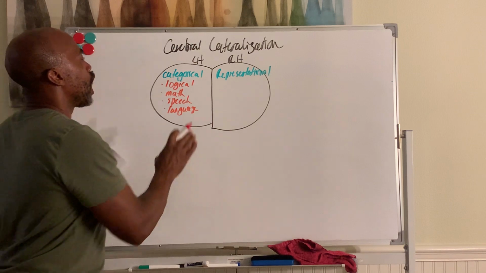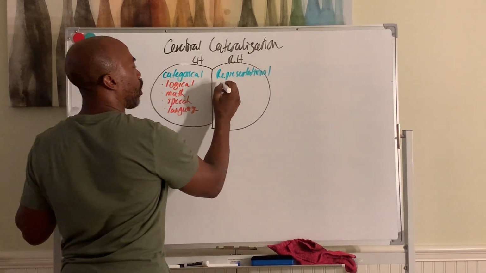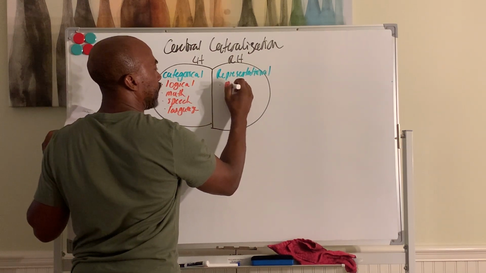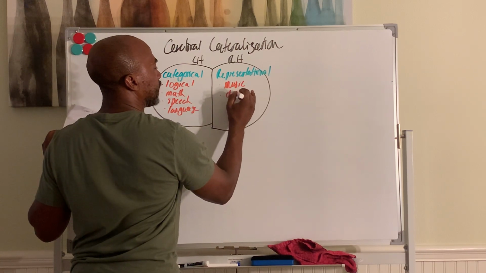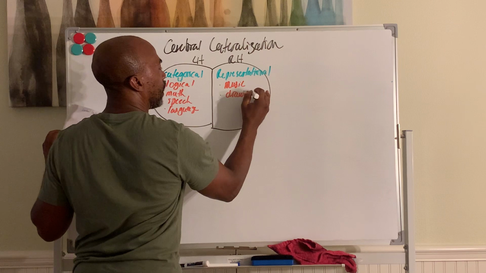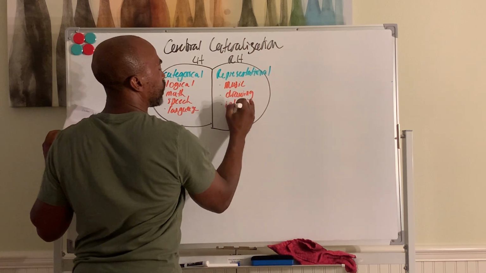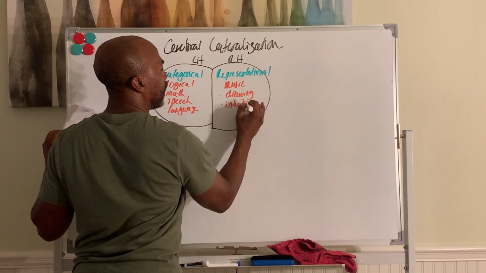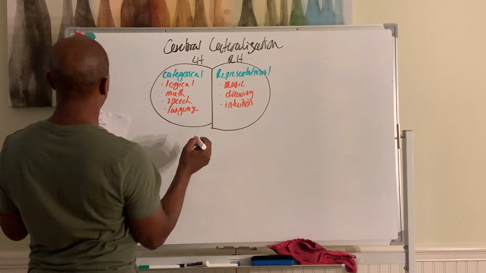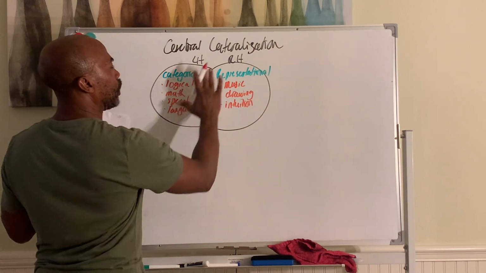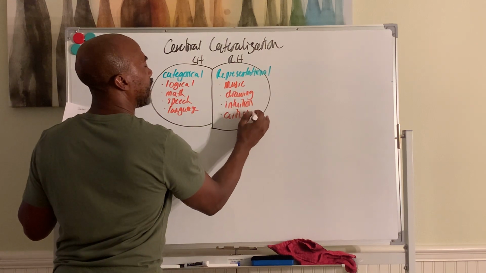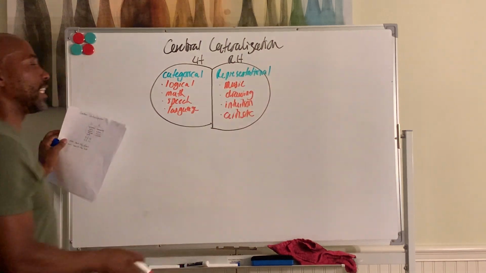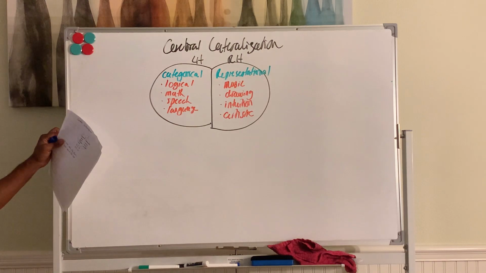And then your representational side is your artistic side. So musical abilities over here. Okay? Your drawing skills, your intuition. So your artistic side is housed in the representational hemisphere.